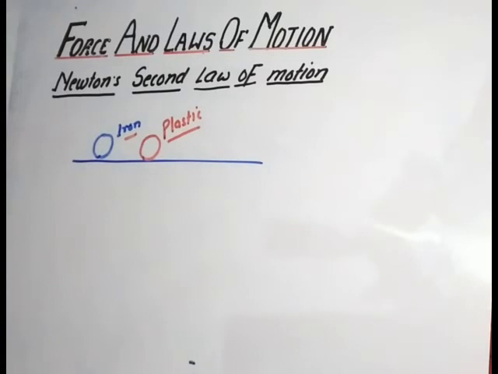The force acts on both balls at the same time. The light ball attains higher velocity or higher speed. Why does this happen? Due to momentum. From here we can say that there is a link between force and momentum.